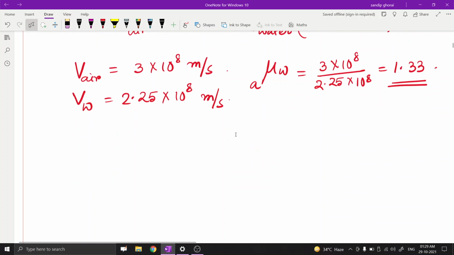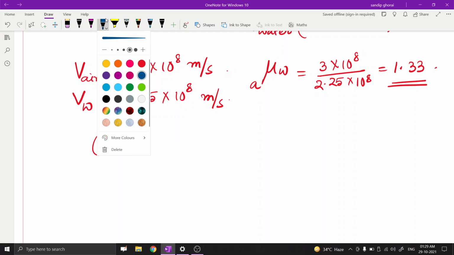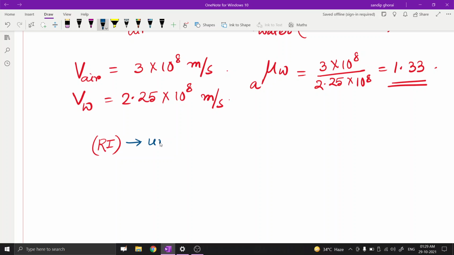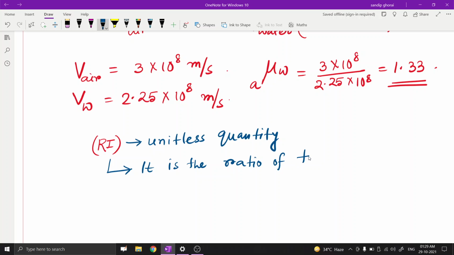as the refractive index is the ratio of two velocities, it is a unitless quantity. The refractive index is basically a unitless quantity, because it is the ratio of two same quantities, that is, speed of light.